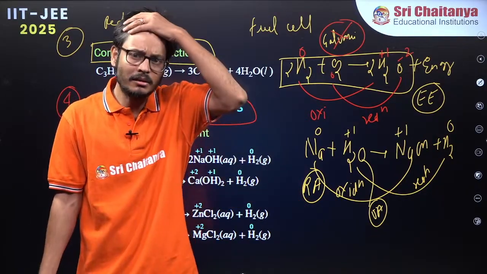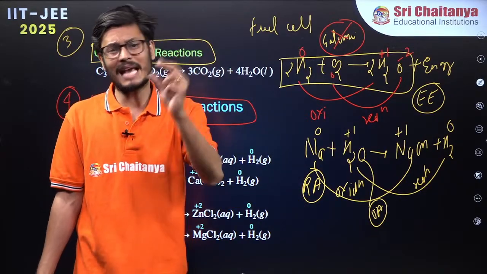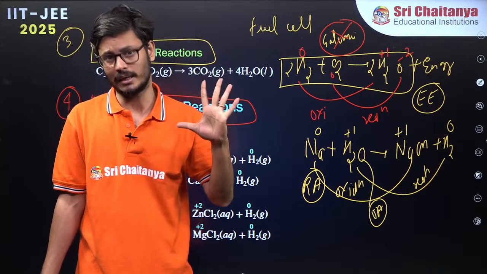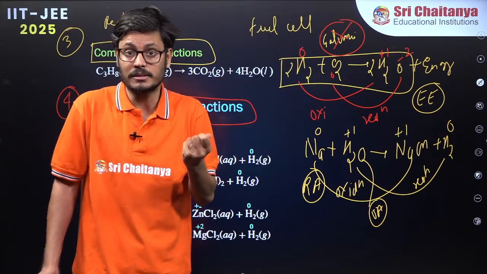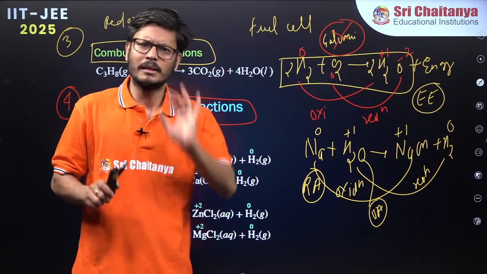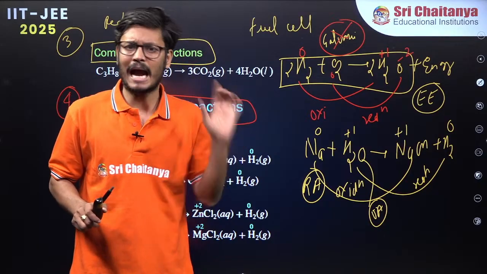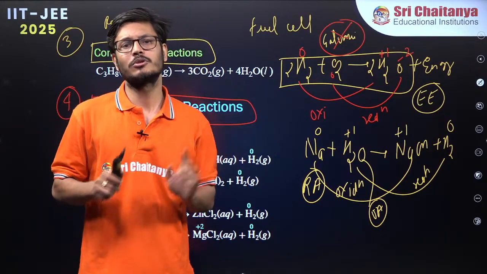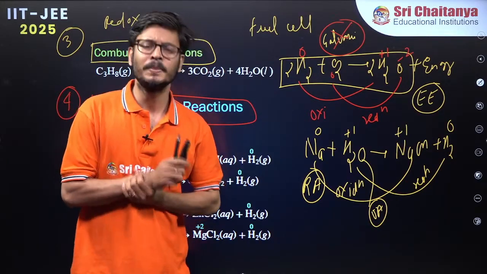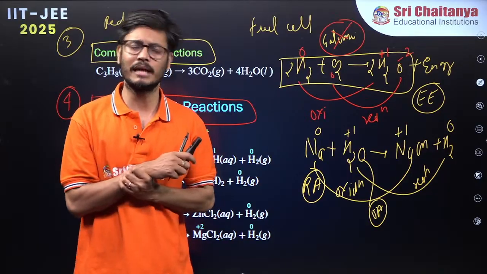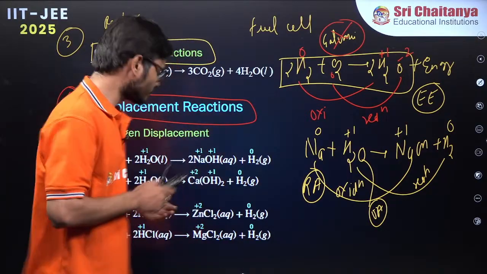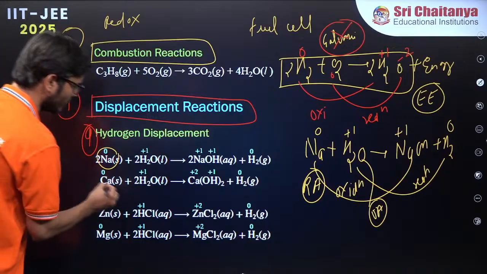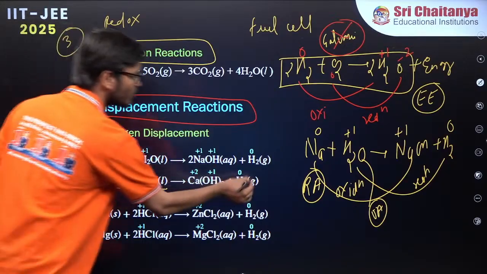But whenever there is partial charge H plus, not strong H plus, then also metal will react and displace hydrogen. Even weaker acids can give this test. We are having so many reactions here. Calcium plus 2H2O, hydrogen displacement.